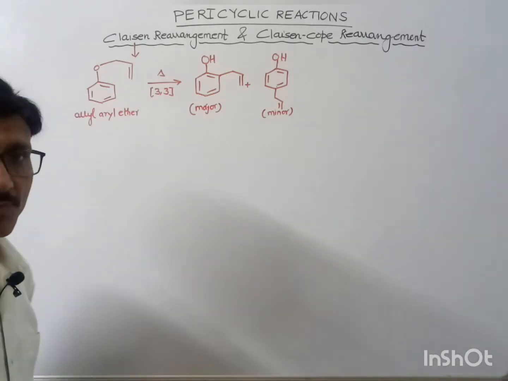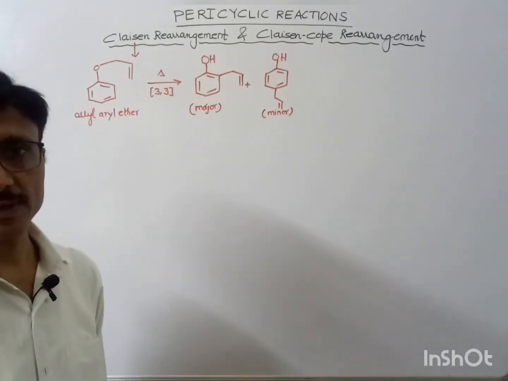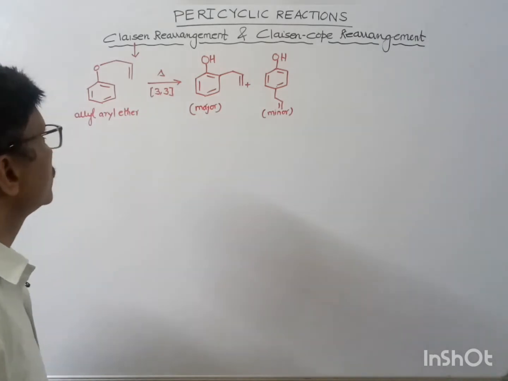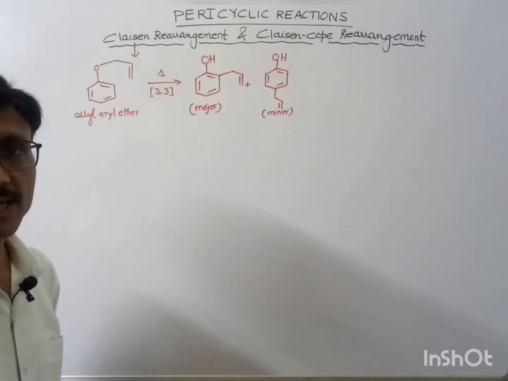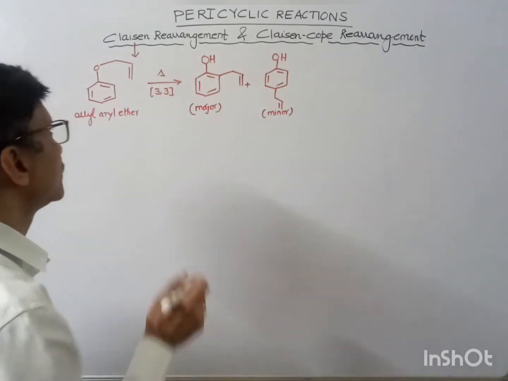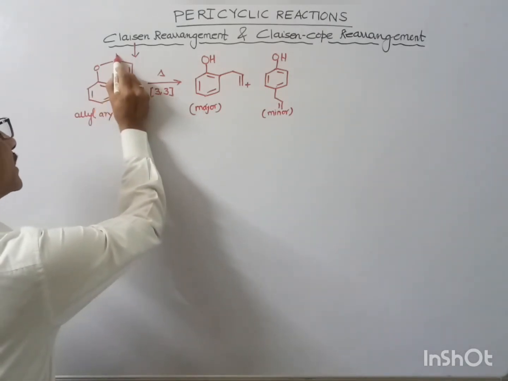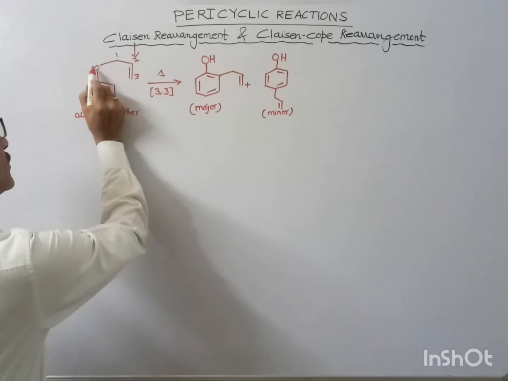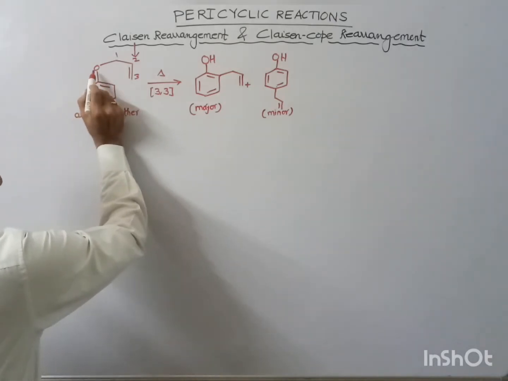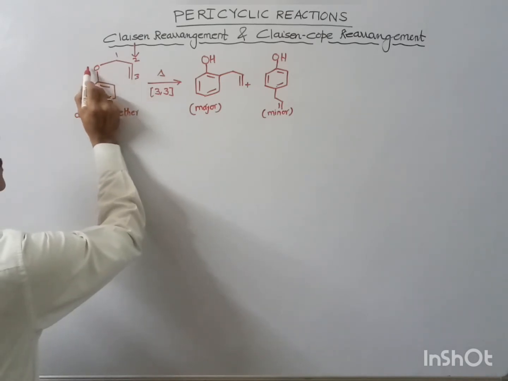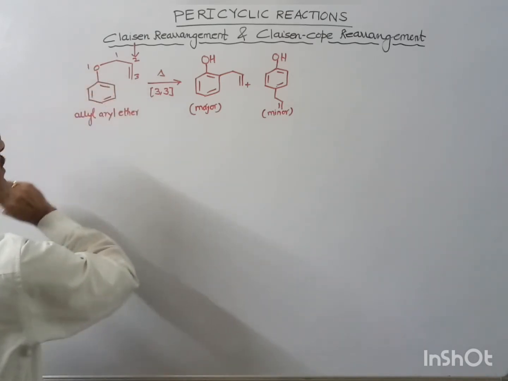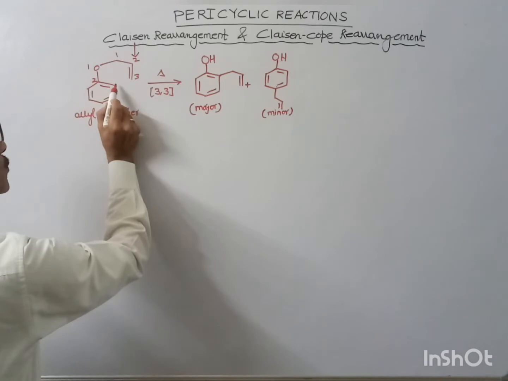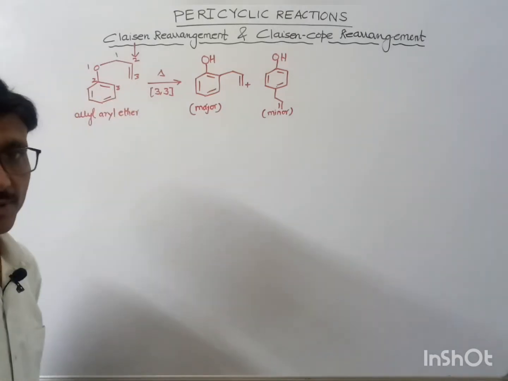For this sigmatropic reaction, as I have told you, first of all we should give the numbering, and the allylic carbon should be given number 1. So this is the allylic carbon 1, 2, 3. In the same way here, this atom is the allylic atom, the oxygen atom, and it is given number 1, this is number 2, and this is number 3.